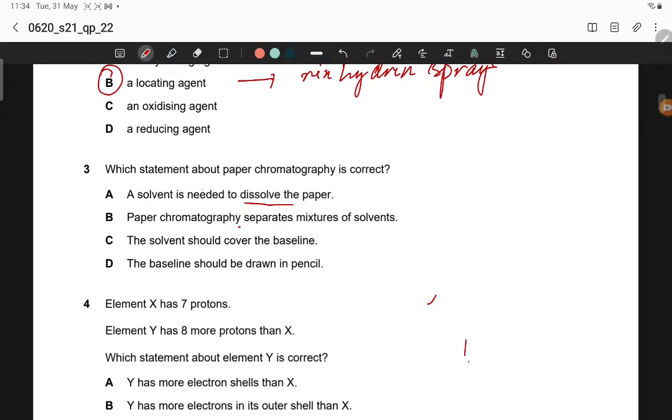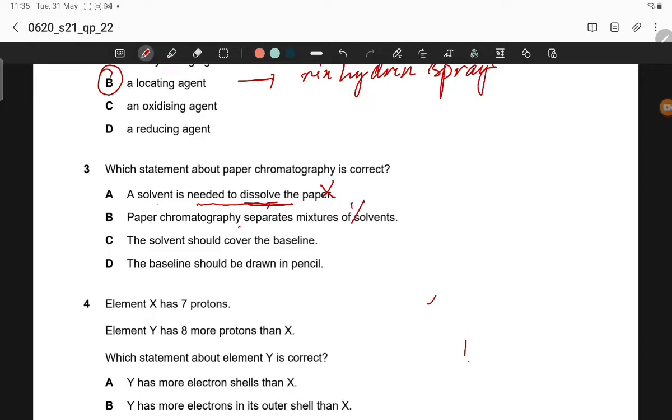Question number 3. Which statement about paper chromatography is correct? A solvent is needed to dissolve the paper. No, the solvent is used to allow the substances to travel along the chromatogram paper. Paper chromatography separates a mixture of solvents?